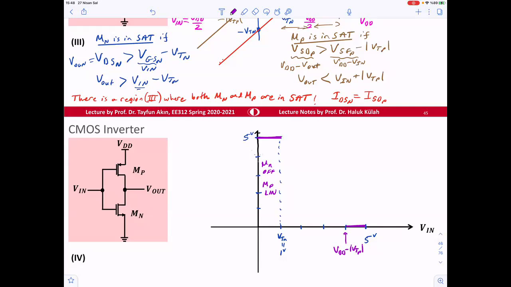So if VTP is minus 1 volt, and this is 5 volts, then this is going to be 4 volts. Formally, this is the case. So here, MP of MN linear is the extreme.